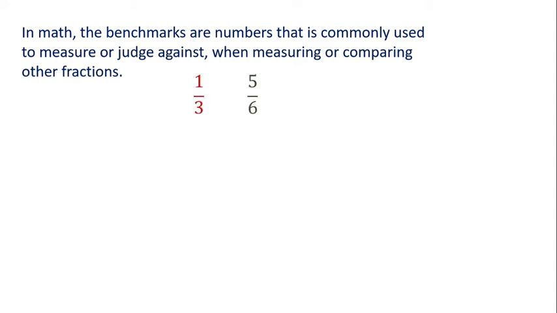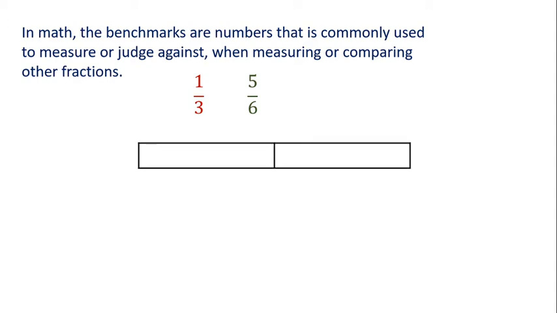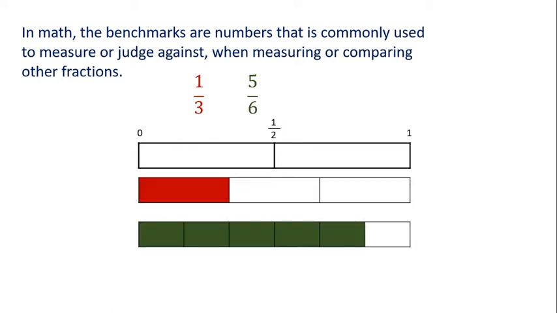Let's say I want to compare 1 over 3 and 5 over 6 to know which of them is smaller. I will draw my benchmarks here: 0, 1 over 2 or half, and 1. I will also draw strips for the two fractions that I want to compare.